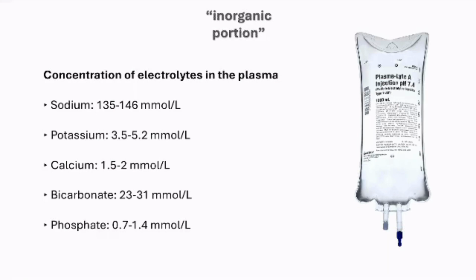But mainly in the plasma, you will find sodium, potassium, calcium, bicarbonate, and phosphate. And if you remember, plasma is actually a part of the extracellular fluid along with your interstitial fluid. So to some extent, ECF will have a similar concentration of electrolytes as the plasma, if that makes sense.